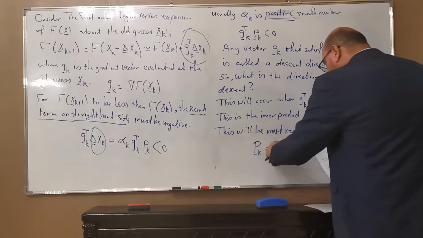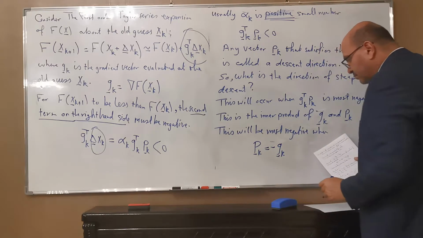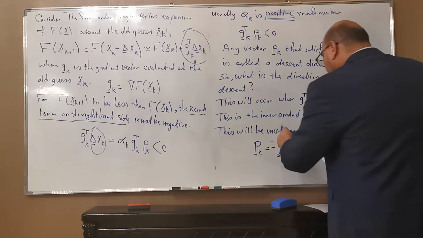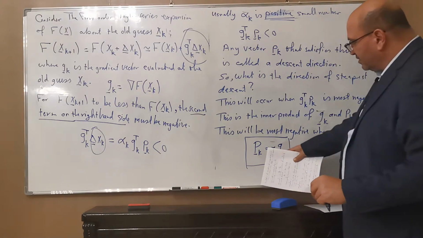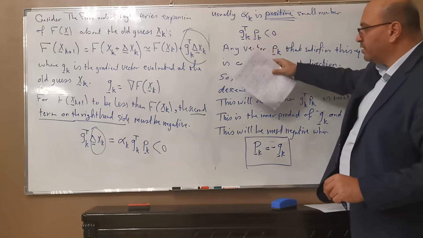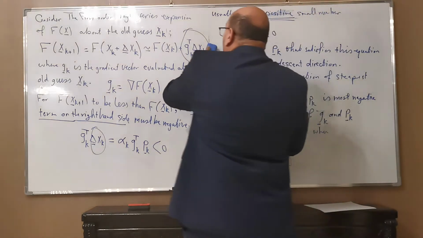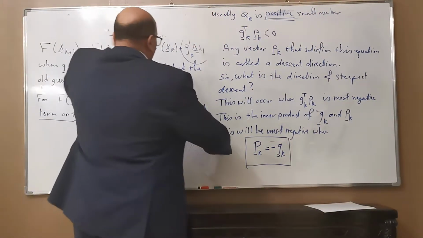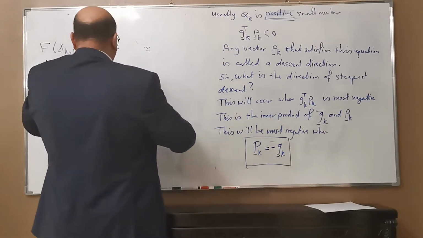So the negative of the gradient. The search direction will have 180 degrees between it and the gradient, so that this one will be most negative. Minus 1 is the cosine of 180 degrees. Hence, this is what we call the steepest descent.